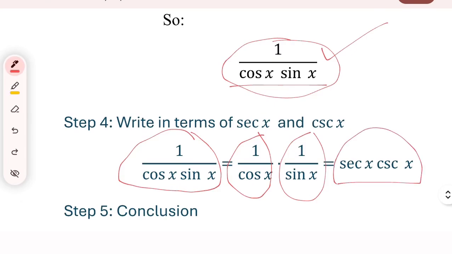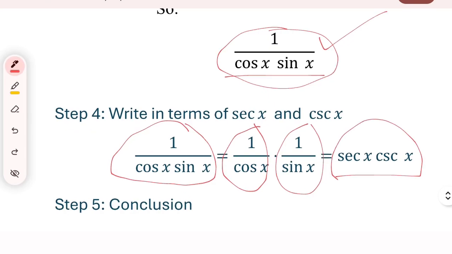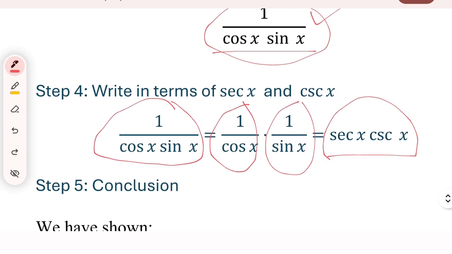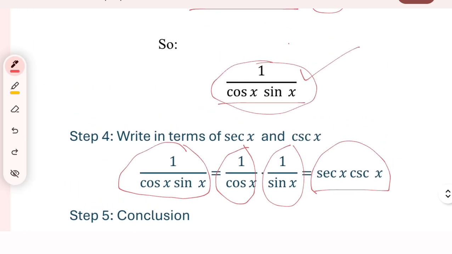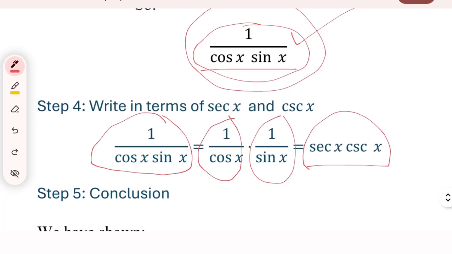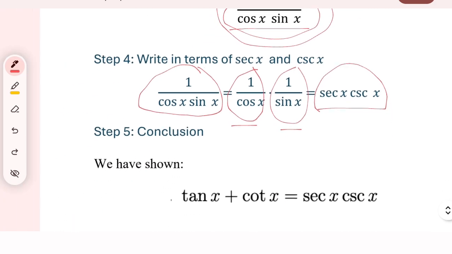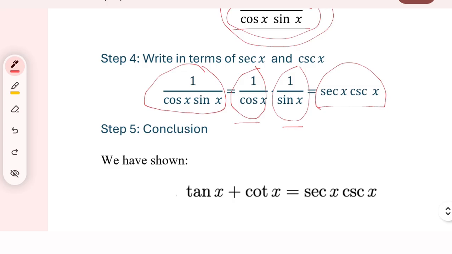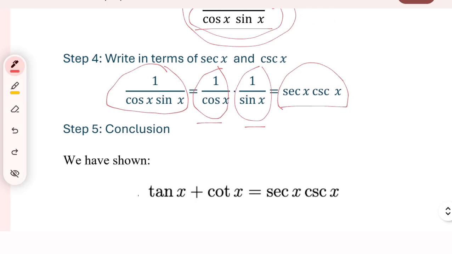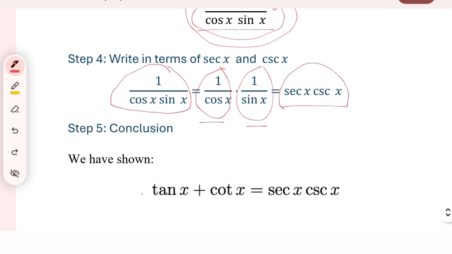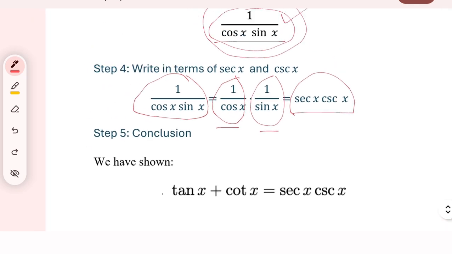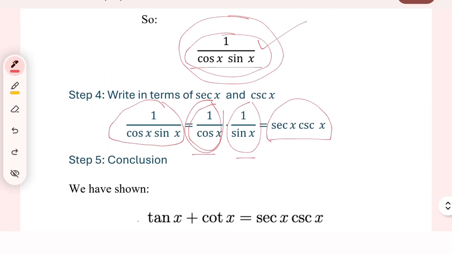For the right side to be equal to the left side, we can separate them into two fractions, because 1 over cosine is secant, and 1 over sine is cosecant. So these two are equal to secant x and cosecant x.